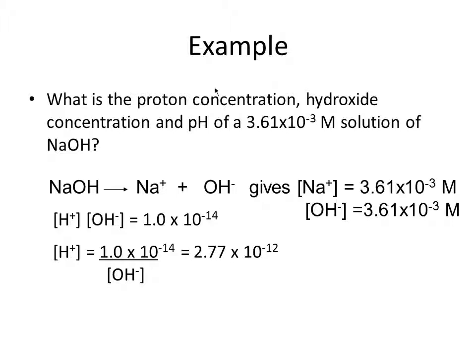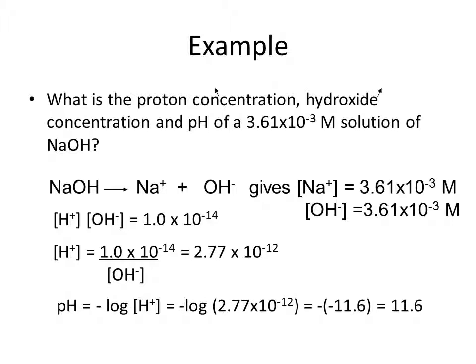We can rearrange that, and proton concentration is equal to 1 times 10 to the minus 14 divided by hydroxide concentration. If I plug in my value of 3.61 times 10 to the minus 3 into the hydroxide ion place, I will get 1 times 10 to the minus 14 divided by 3.61 times 10 to the minus 3. Entering that in my calculator gives me 2.77 times 10 to the minus 12.